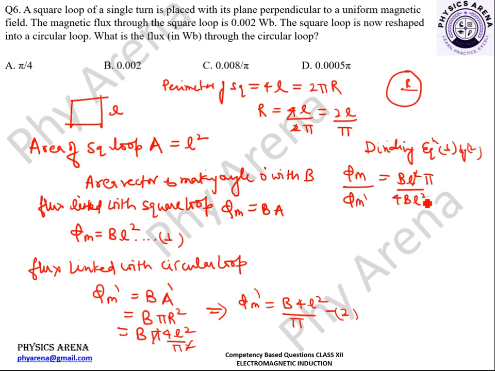So L square gets cancelled out with L square, B gets cancelled out with B, and I am left with phi m dash equal to, on cross multiplying, 4 times phi m divided by pi.